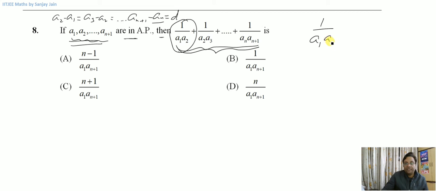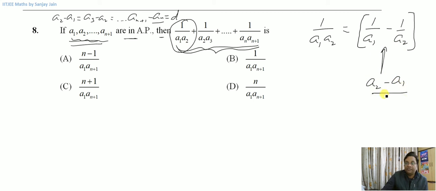1 by A1 A2. If I write it like 1 by A1 minus 1 by A2, I will require something outside to balance it, because inside the bracket it will be (A2 minus A1) divided by A1 A2. On the left hand side, I just have 1 by A1 A2. So in the numerator I have A2 minus A1, which is nothing but the common difference.